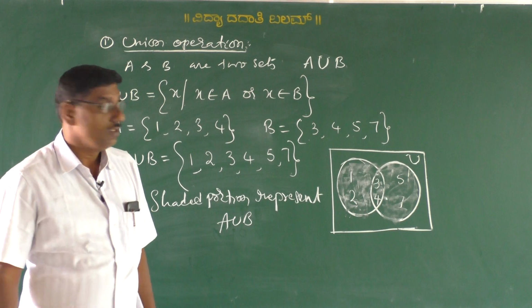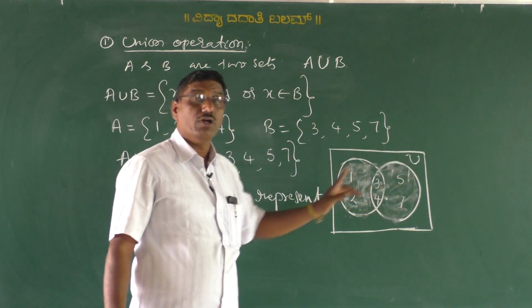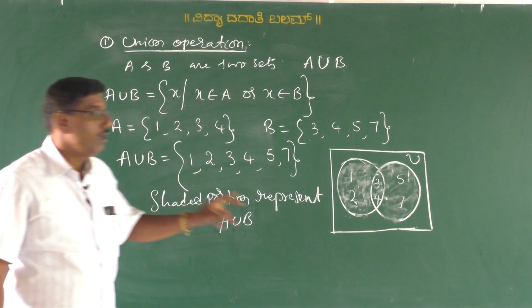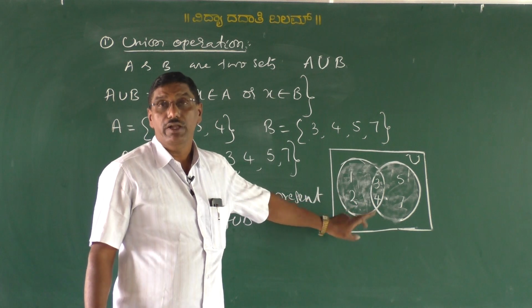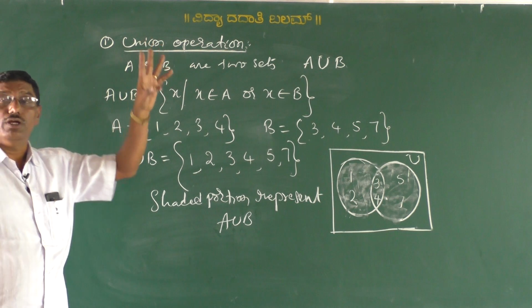Are you understood? This whole shaded portion represents what we call A union B. Through this example I have drawn the Venn diagram. Are you understood about this union operation?